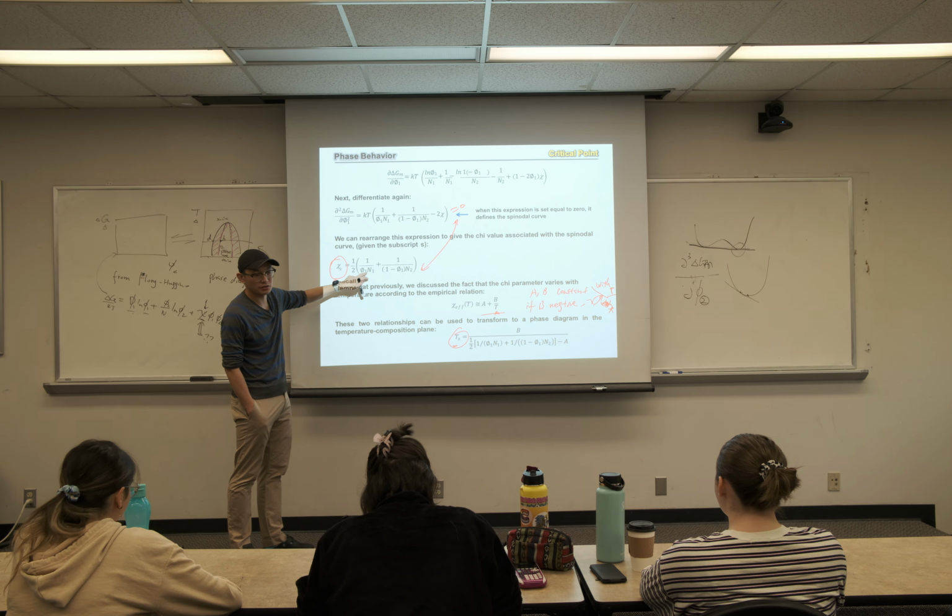Okay? So this would be rearranging the T to one side and rewriting what A and B are with respect to phi and N. So that will define your TS.